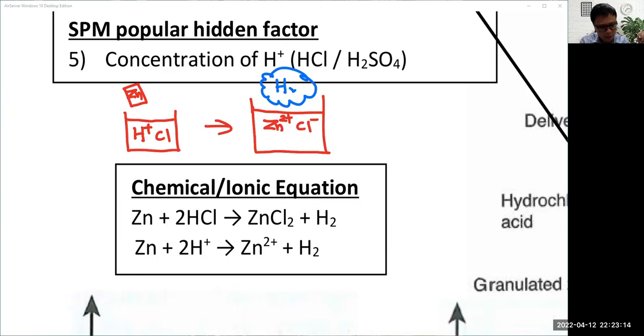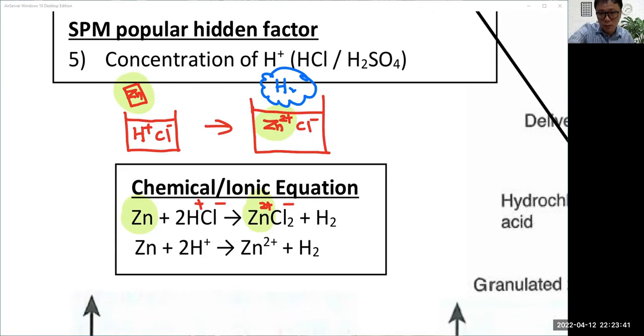Now for the ionic equation, what is the purpose of the ionic equation? The ionic equation is for us to know which is the actual chemical that is actually reacting. So you have to find out which has no changes. Zinc has changed to zinc ion, so it has changed.